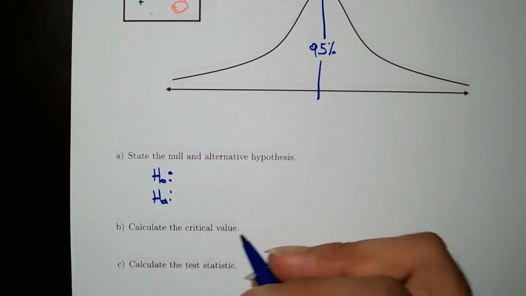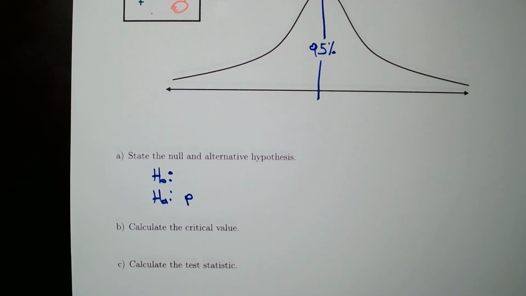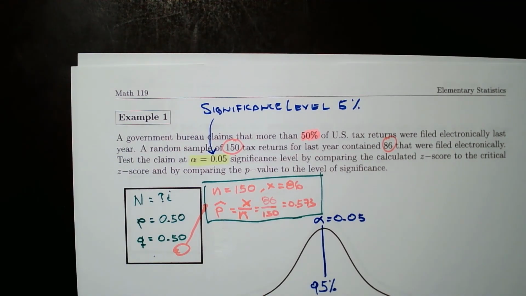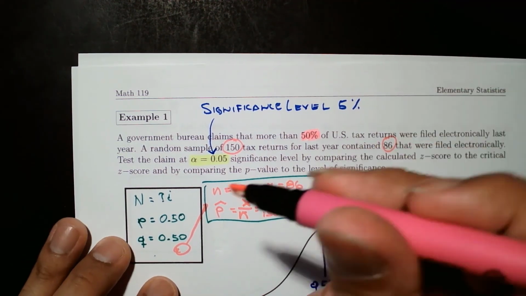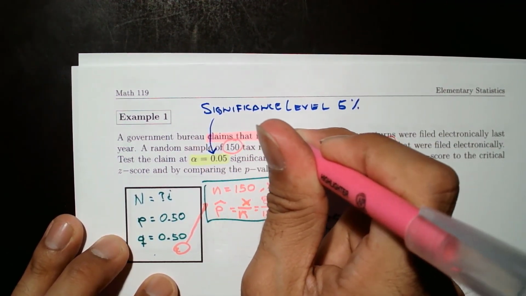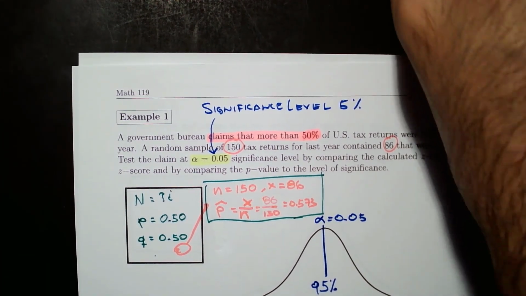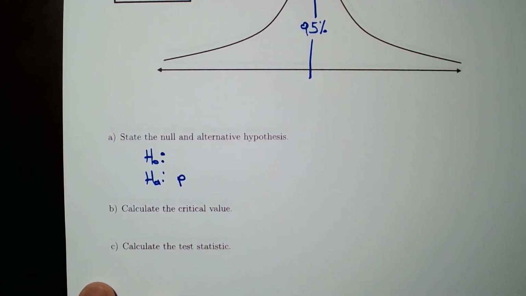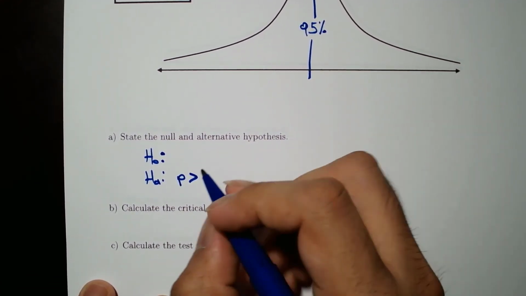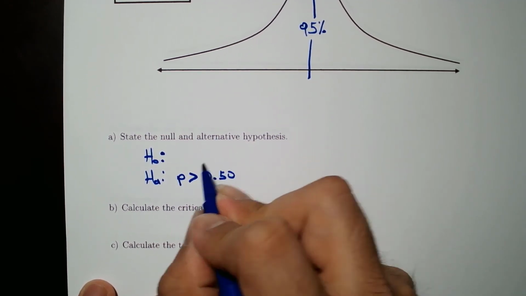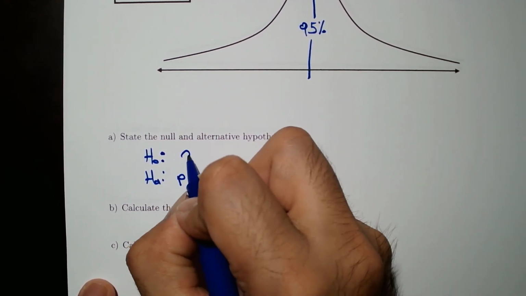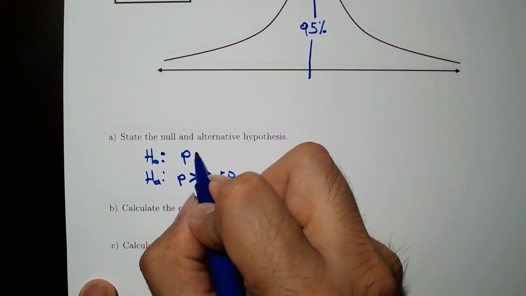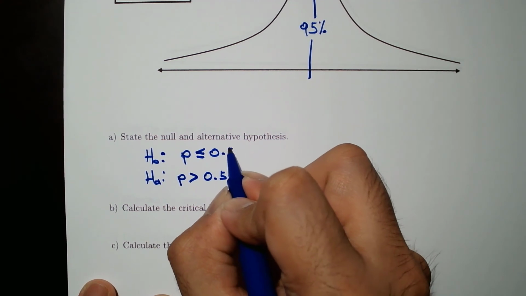The research is claiming that the proportion of the population that filed their taxes electronically is more than 50%. Notice it doesn't say more than or equal, just more than. That's how we know that's the alternative hypothesis. So in this case, p greater than 0.50. The logical opposite, which is the null hypothesis, is p less than or equal to 0.50.